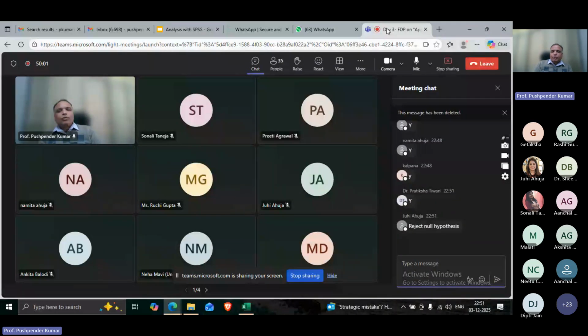So any doubt in the basic concept of hypothesis testing? With this one sample t-test, I have clearly defined the concept of the t-test. Anybody, any question up to this? Please tell me. You can write in your chat box, or you can raise your hand, or unmute your mic. Yes, ladies and gentlemen, tell me.